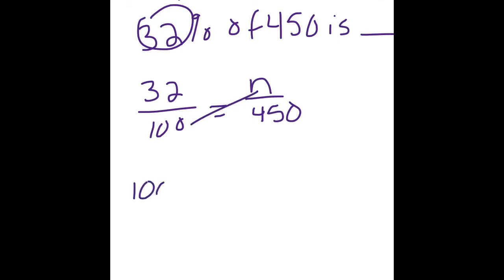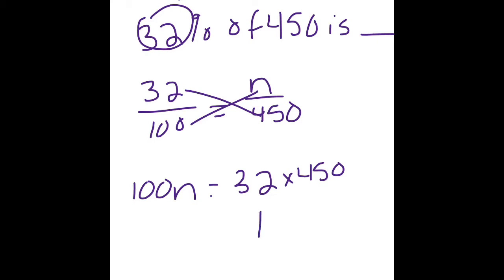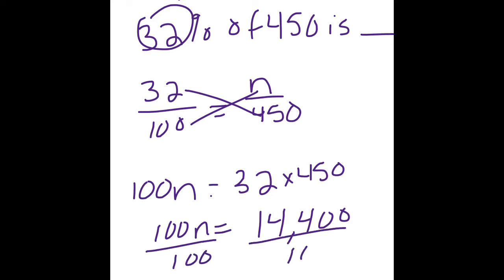So 100n. Then you're going to do 32 times 450. You get 14, big comma there. Double check. 32, 450, 100. Then divide both sides by 100. You should get n equals 144.